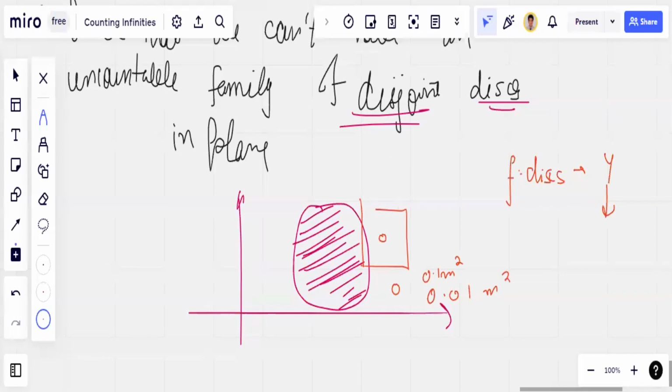What other set do you know which is countable? I'll tell you the solution is 745, by the way.